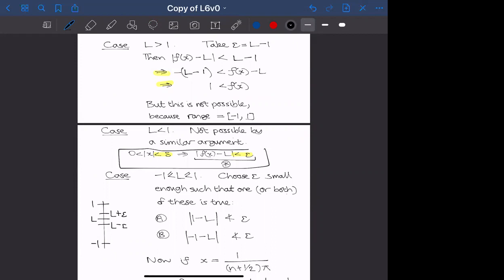We'll choose epsilon small enough such that one of these things is true. A is that the distance of L from 1 is not less than epsilon, and B is that the distance of L from minus 1 is not less than epsilon.